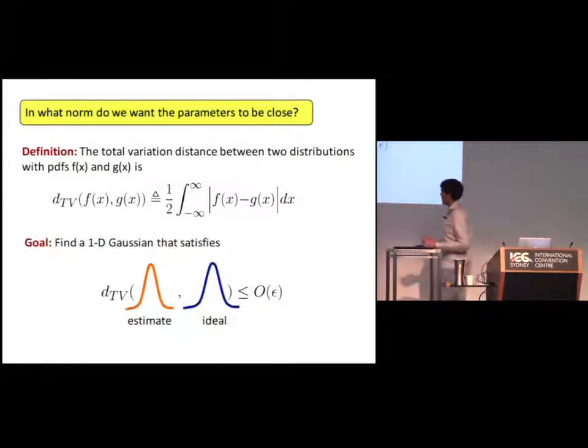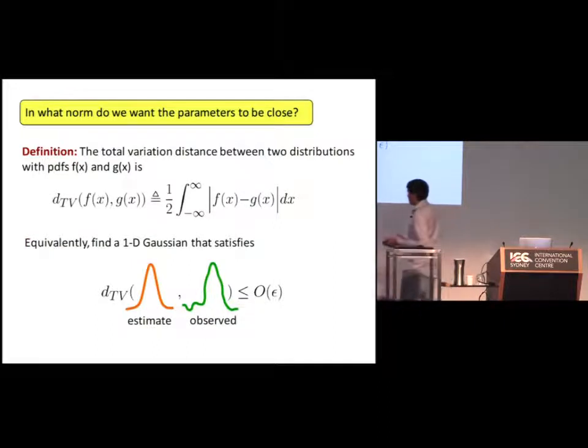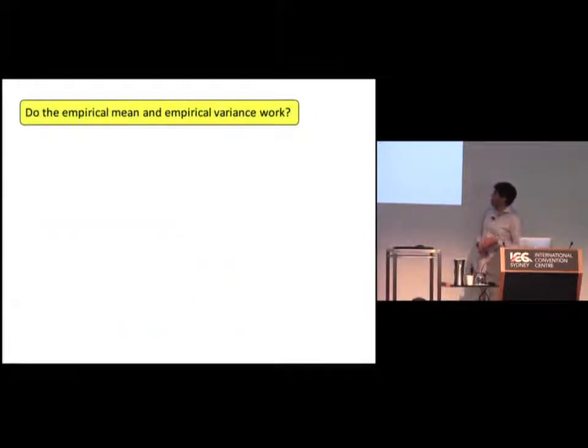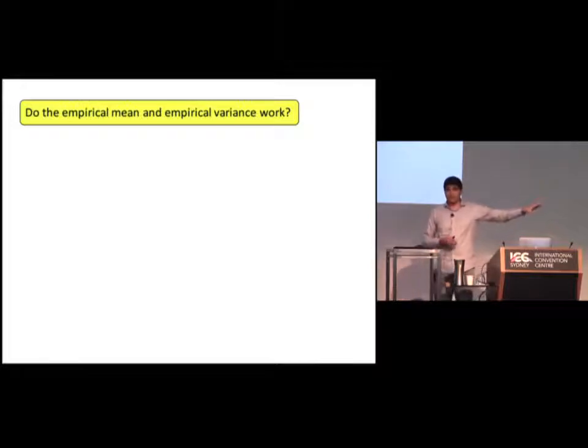What we want to do is denoise our observation and find some estimate that really is in the family, close to this idealized model that we're observing corruptions from. Another way to think about it is that we're just looking in our observed distribution for some member of our family, an actual Gaussian, that's close according to this total variation distance. So this is our problem: given samples which are epsilon close to a Gaussian, recover something else that's O of epsilon close to the original Gaussian.